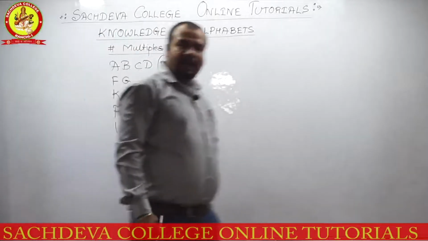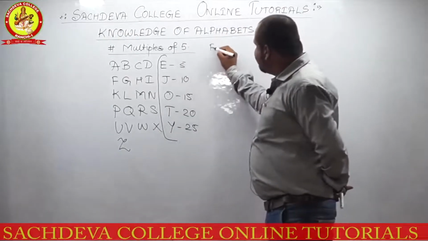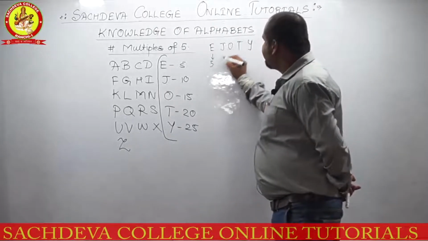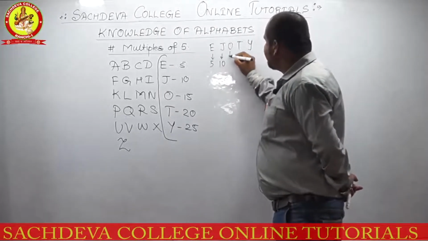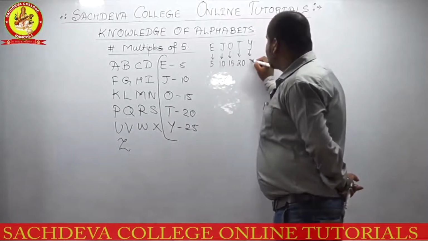Yes or no? We can remember this E, J, O, T, Y: E5, J10, O15, T20, Y25.